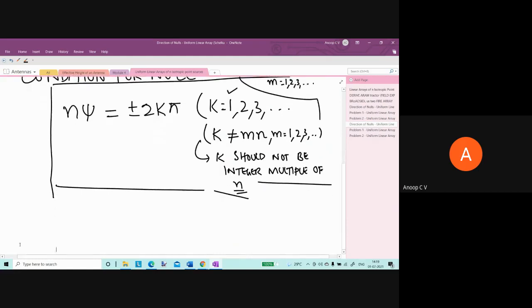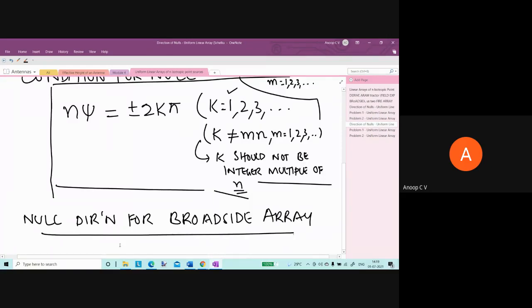Now we'll try to find out the general case, the null direction for broadside array. I'll derive the general case. So this is the condition for null.